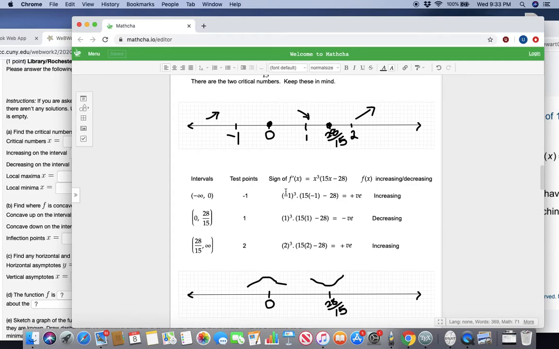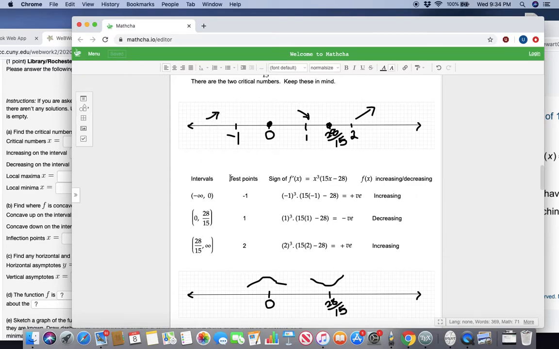Observe carefully, this will give me a negative. All of this together will give me a negative. Do you see that? -15 minus 28. Negative times negative, overall positive. In other words, my f(x) in this interval is increasing. Hence the arrow is up.